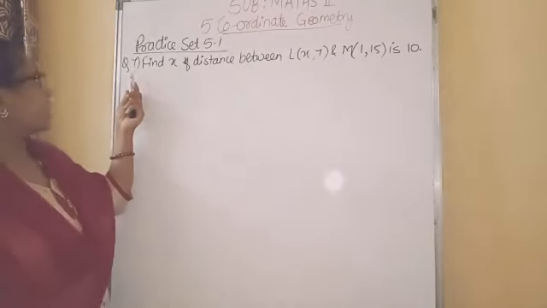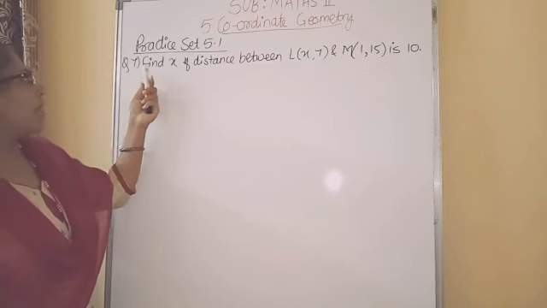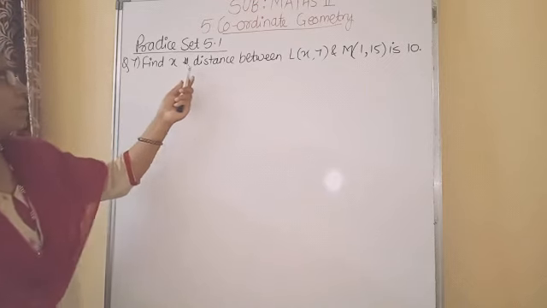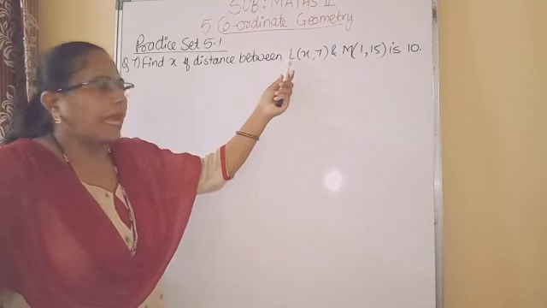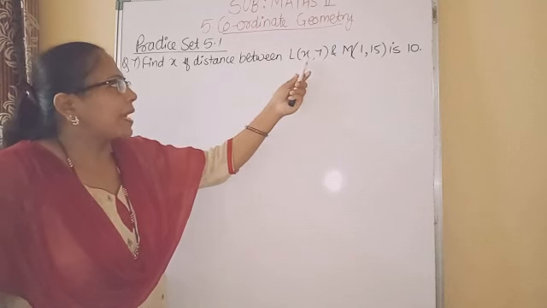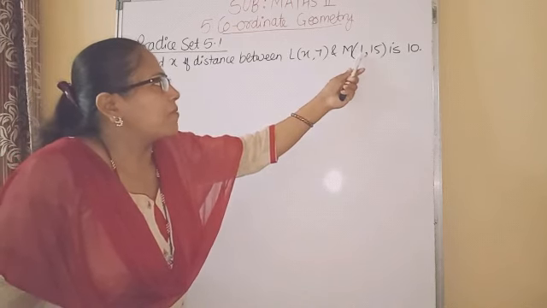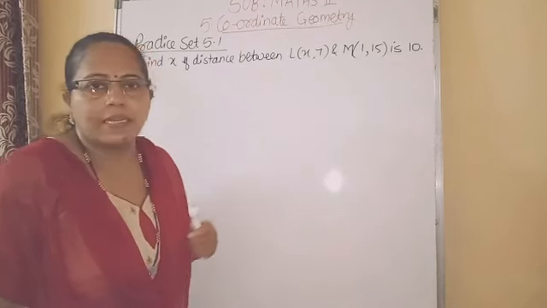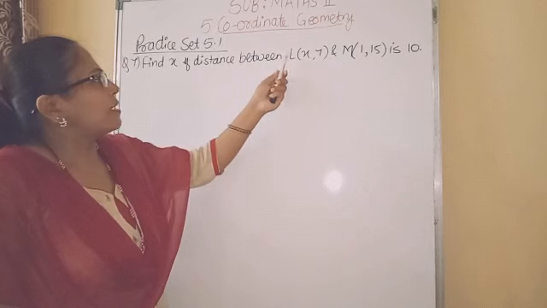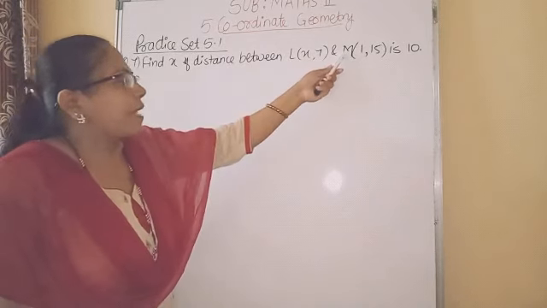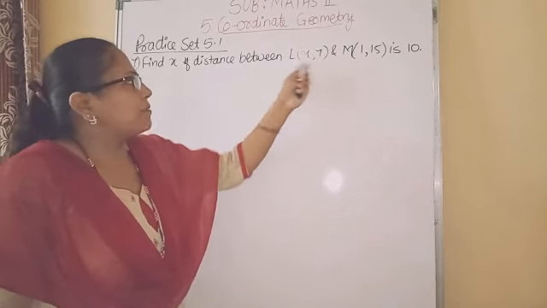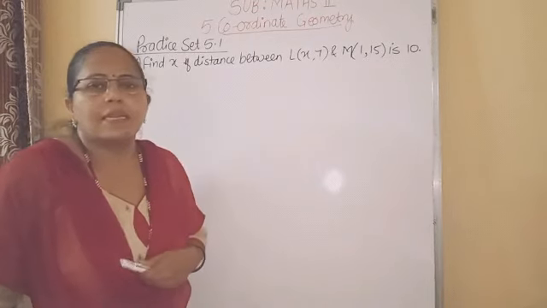Next, question number 7. Find x if the distance between L having coordinates x and 7, and M having coordinates 1 and 15, is 10. Okay, students, here points L and M are given and the distance between these points is given as 10.